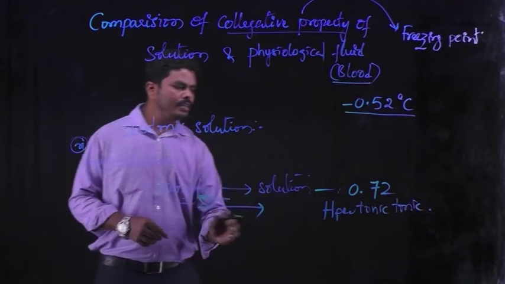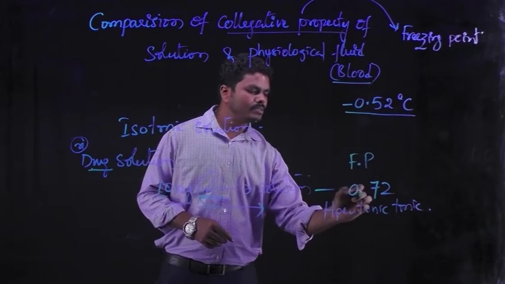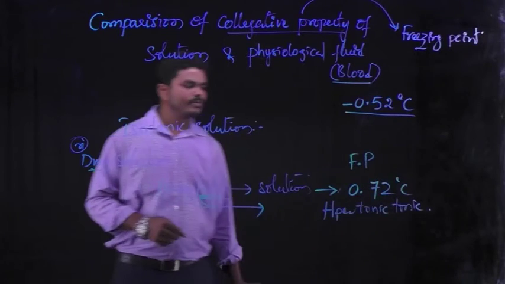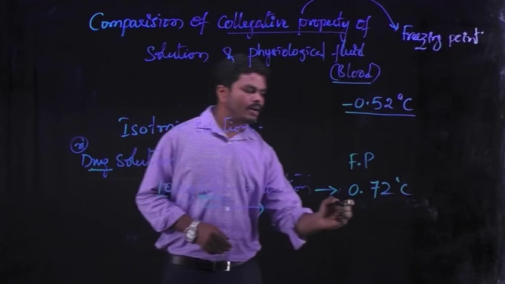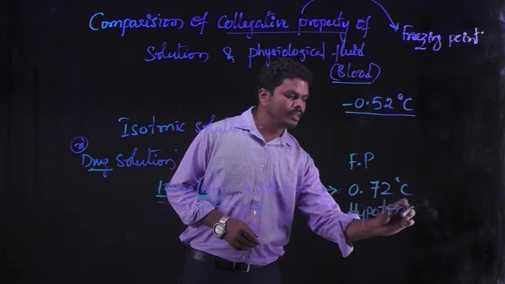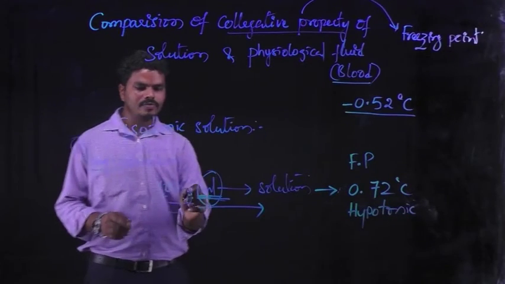If it has a freezing point of 0.72 degrees centigrade, then this solution is called hypotonic in nature. Hypotonic in nature. So why? Because the concentration of the drug is very low.